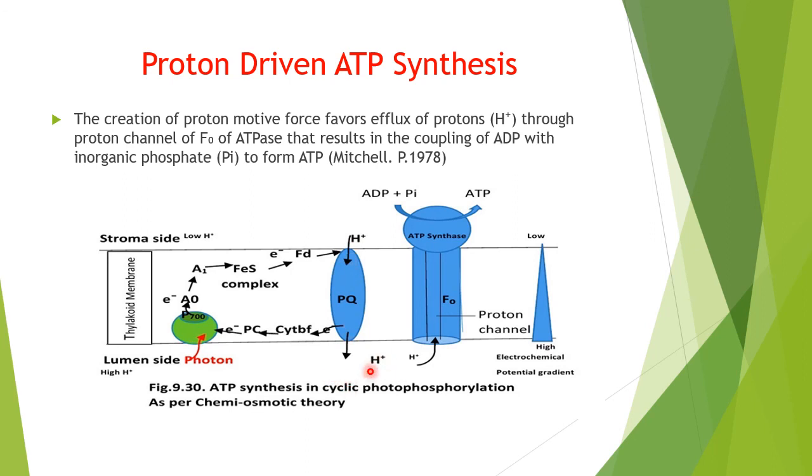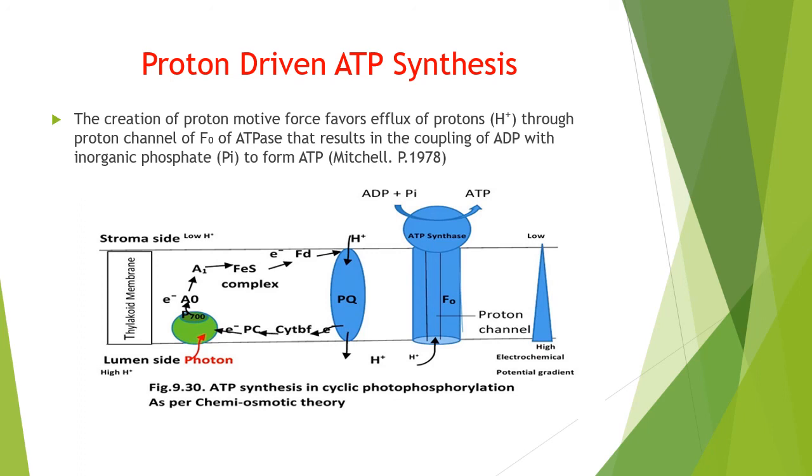And since towards the lumen side there are more protons, as per the gradient, there will be an efflux of the protons through this ATP synthase and F0, F1 particles, which will result in the coupling of ADP with inorganic phosphate to form ATP. So this is how proton-driven ATP synthesis also takes place in photophosphorylation.